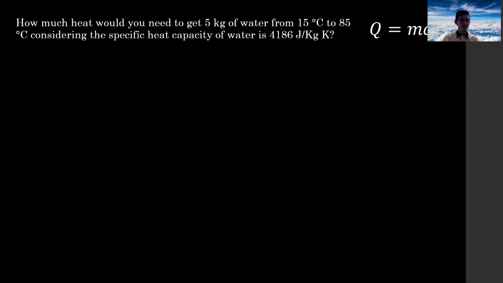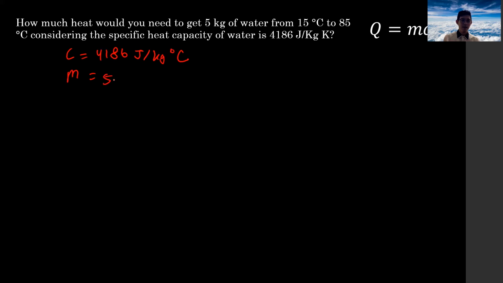How much heat would you need to get 5 kilograms of water from 15 Celsius to 85 Celsius, considering the specific heat capacity of water is 1486 joule per kg K? We are using Celsius, so we can change the specific heat capacity to 1486 joule per kg delta Celsius.